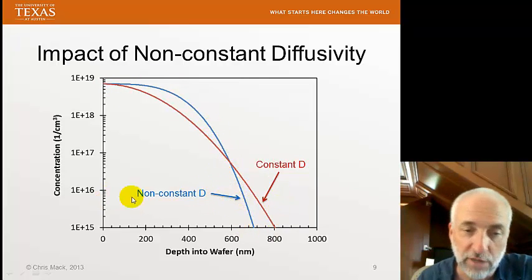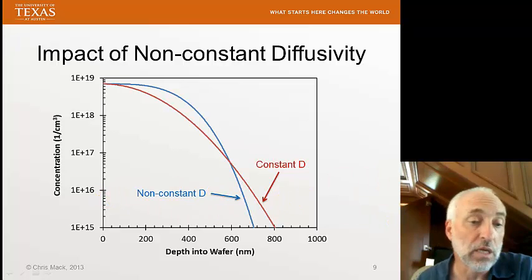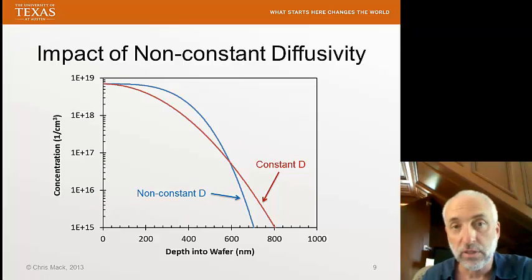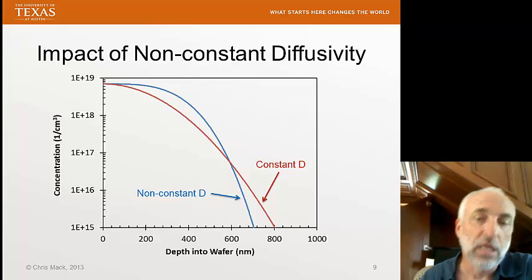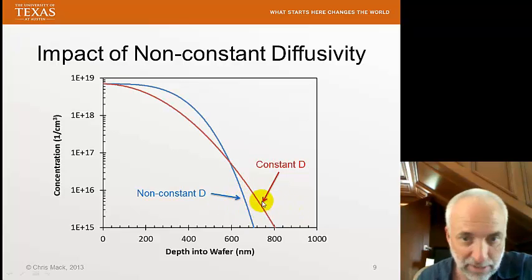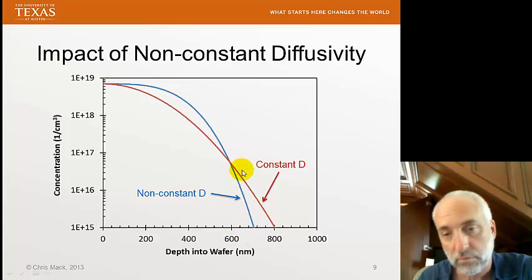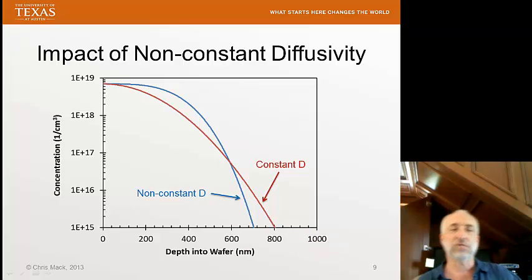So somewhere over here, there's going to be some background dose in the wafer, some background impurity level in the wafer of the opposite type as the dopant I'm adding, and we get a junction. So somewhere near the junction, which is maybe down in here, we see that it's a steeper profile than a constant diffusivity would predict.